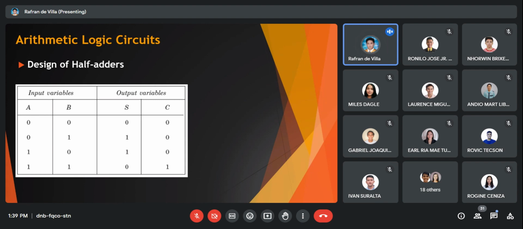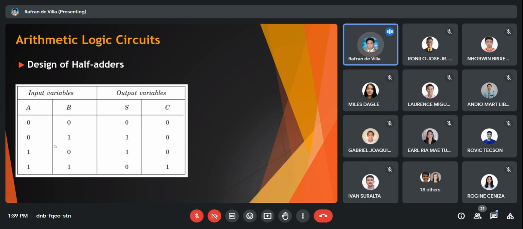Obviously, as we can see in the input variables, 0 plus 0, the sum is 0 and the carry is 0. 0 plus 1, for A and B, the sum is 1 and the carry is 0. The same is true when you add 1 plus 0: 1 for the sum and 0 for the carry. And when you add 1 plus 1, the sum is 0 and the carry is 1.